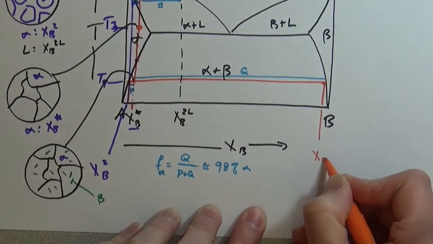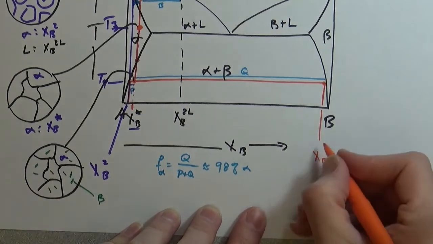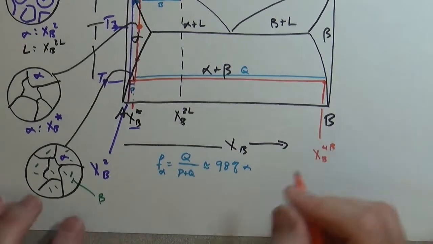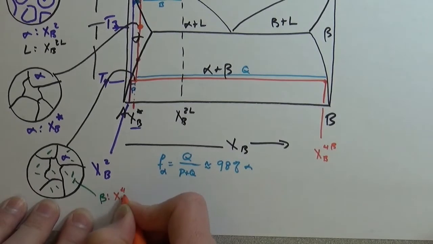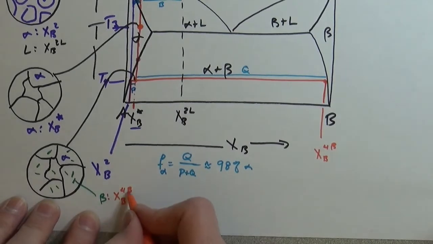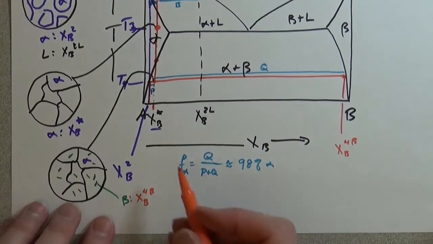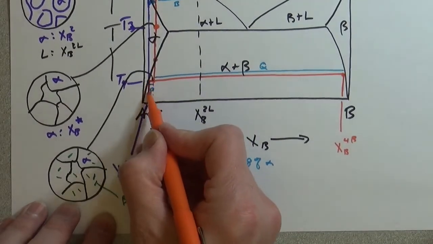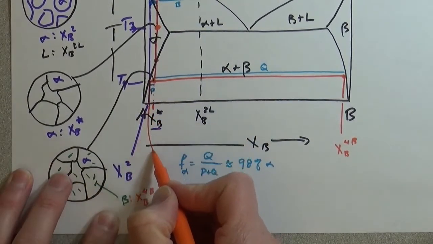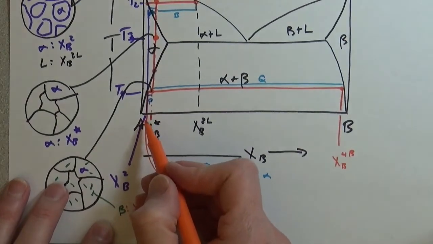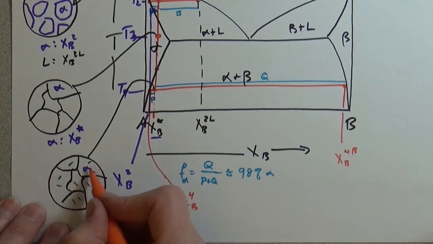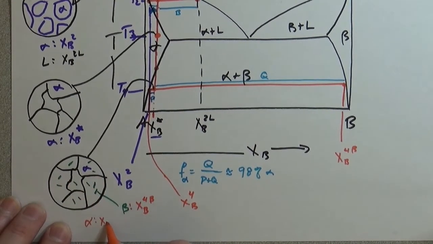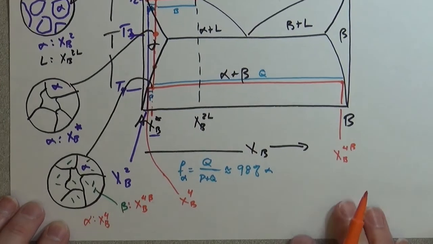That's going to be XB for beta. And then the composition of the alpha, draw over here and draw down, well, kind of right there, which I hope you can see. That's around what I'm labeling as XB4. So then the alpha phase is XB4.